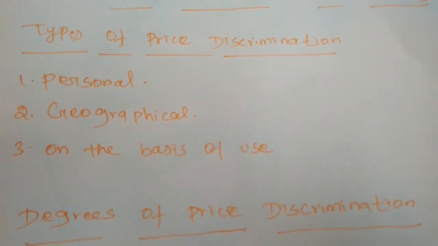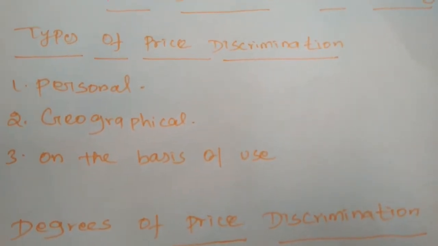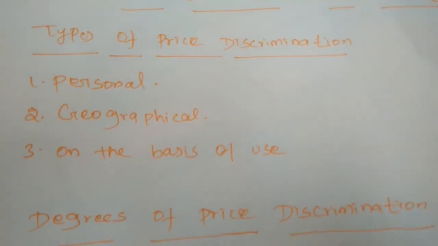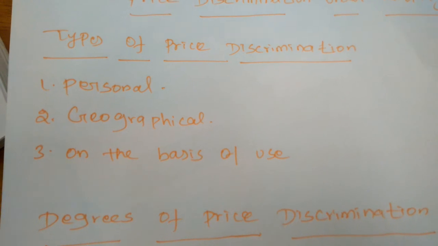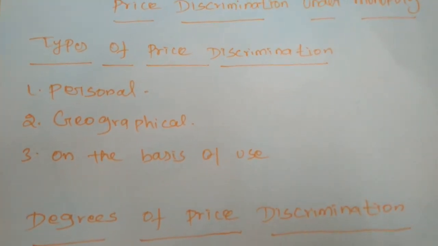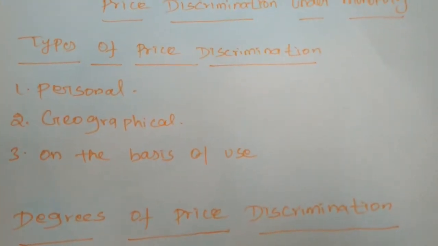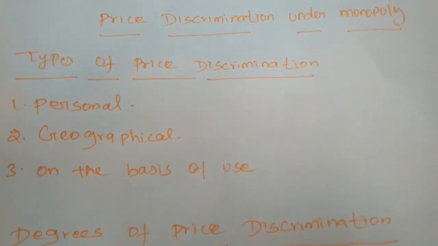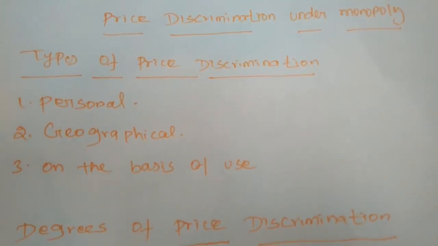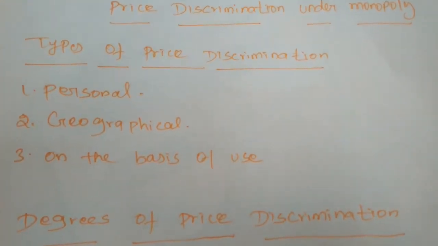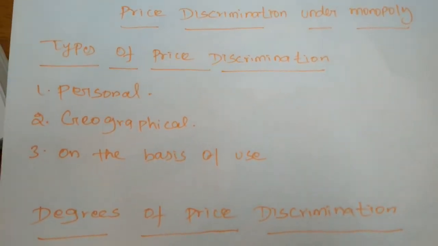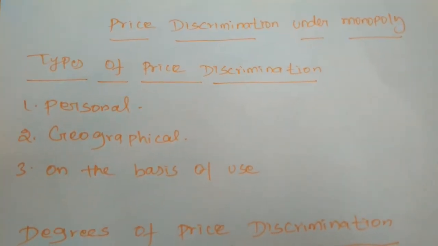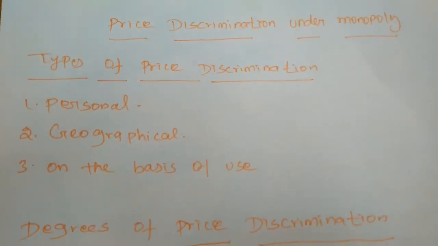You may know the price charged for electricity is different for home and commercial use. When a person uses electricity for commercial purposes, they have to pay more. But when we use the same power for home purposes, the price may be very low.